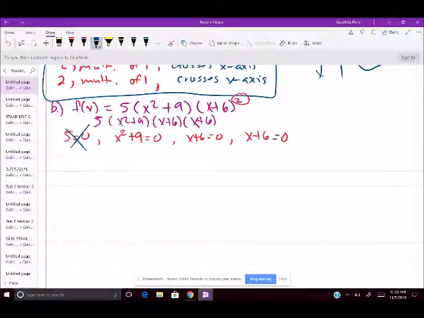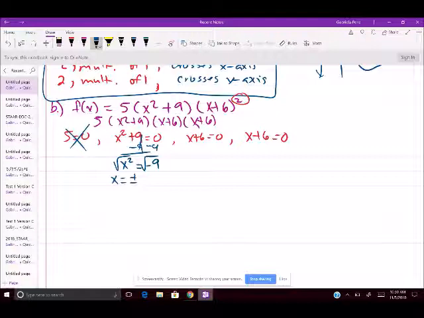Now, how can I solve for x squared in this problem? Well, first we need to subtract 9. And now, how do you get rid of the square? The square root. My answer is going to be plus or minus 3i. Very good.